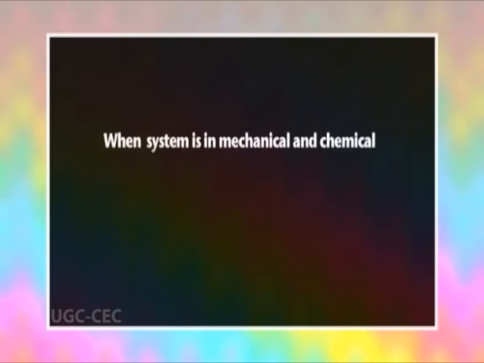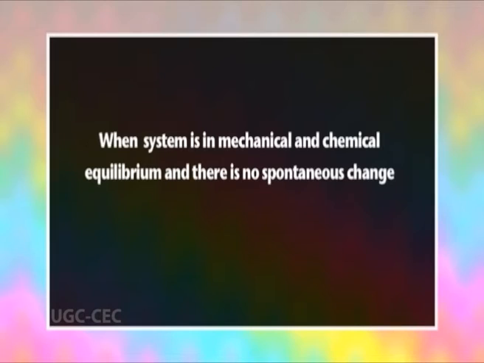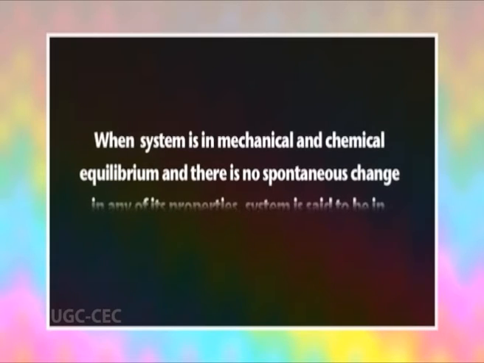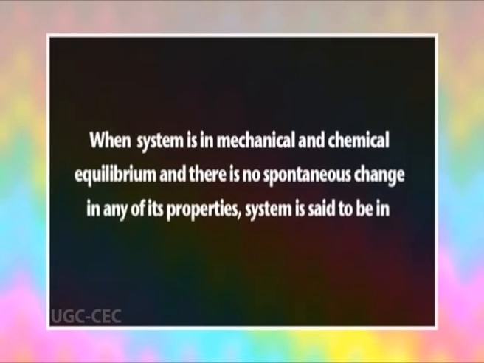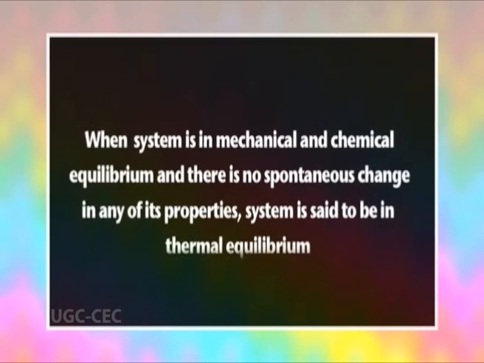When the system is in mechanical and chemical equilibrium and there is no spontaneous change in any of its properties, the system is said to be in thermal equilibrium. When the temperature of the system is uniform and not changing throughout the system and also in the surroundings, the system is said to be in thermal equilibrium.